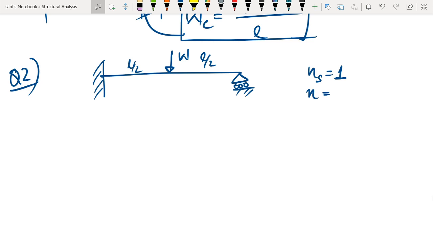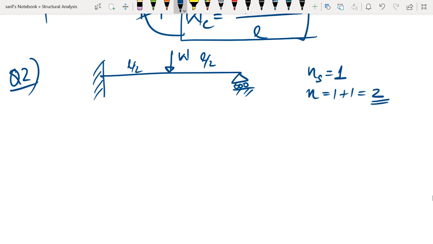Therefore they are points of possible plastic hinges. So we have one fixed support here, so one point is there. Second one is in the span: we have a concentrated load, therefore below the concentrated load also a plastic hinge can form. So the total possible plastic hinge locations are 2.